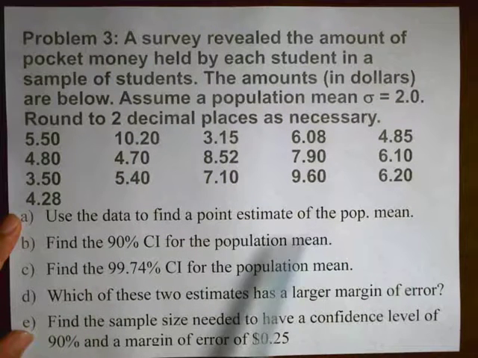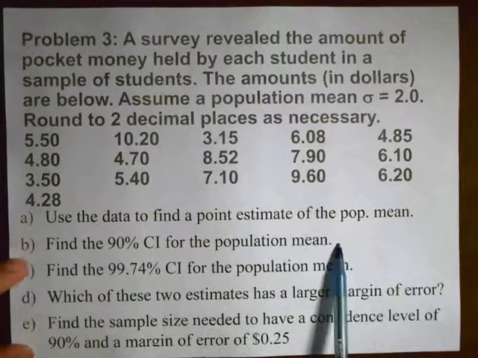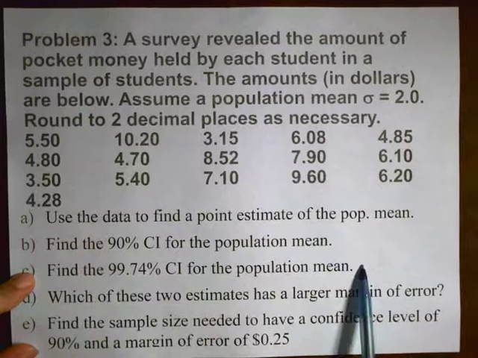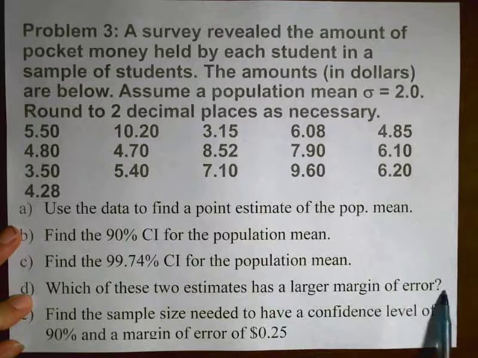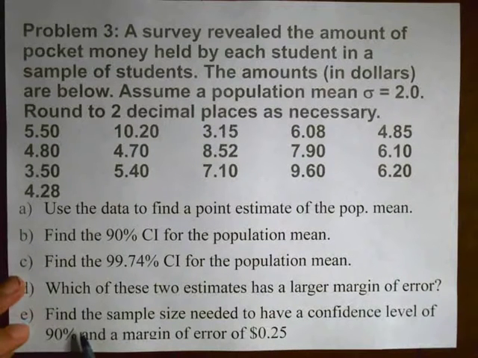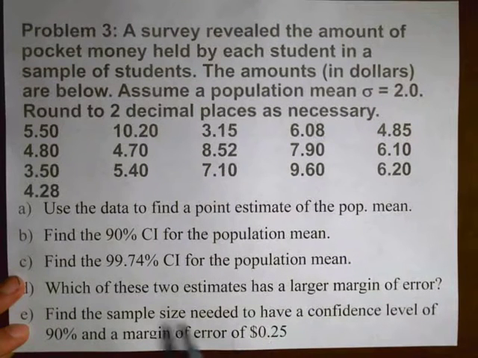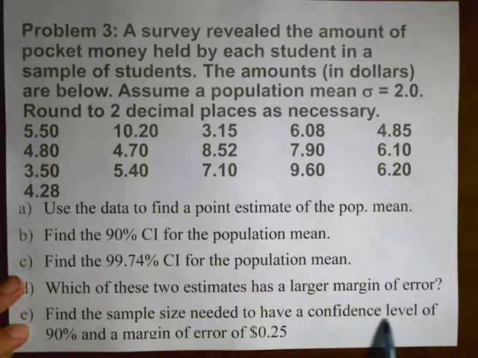So we're going to use the data to find a point estimate of the mean. We'll find the 90% confidence interval, the 99.74% confidence interval. I will talk about the margin of error for the two of them. And then I have another final question which says, what if I wanted the margin of error to be a quarter?